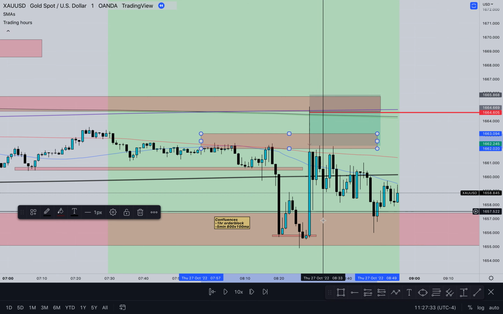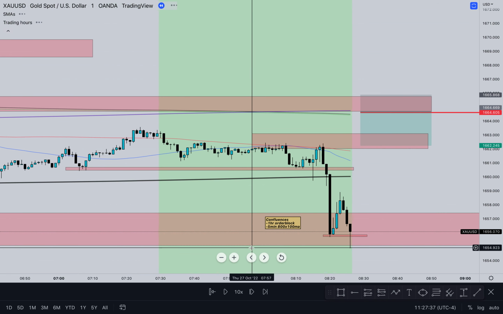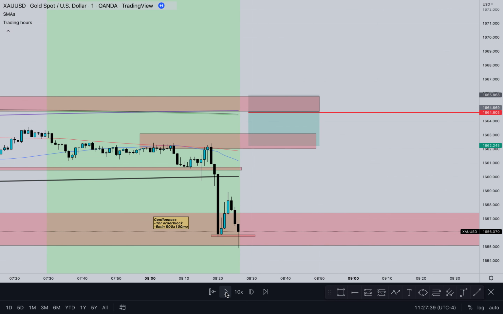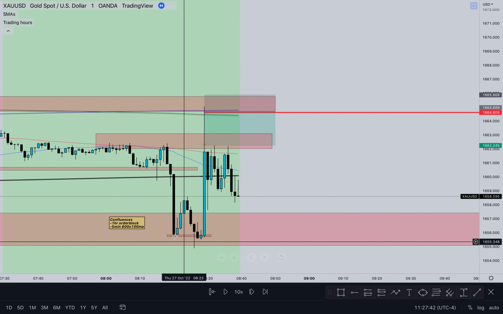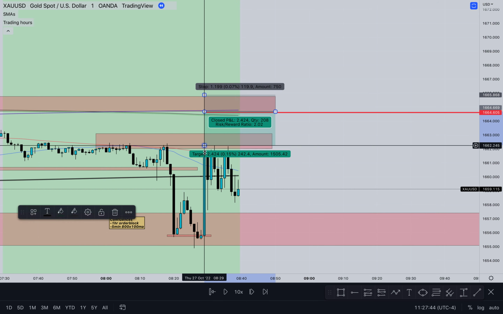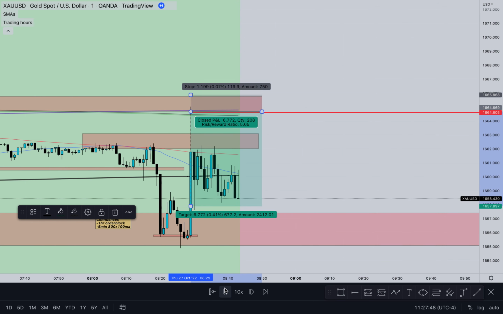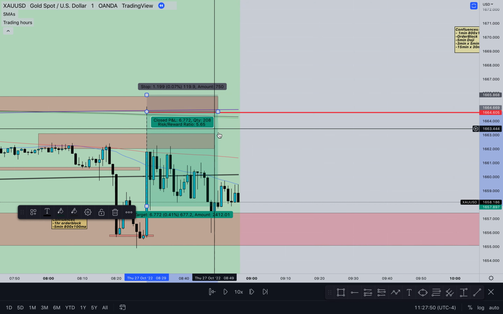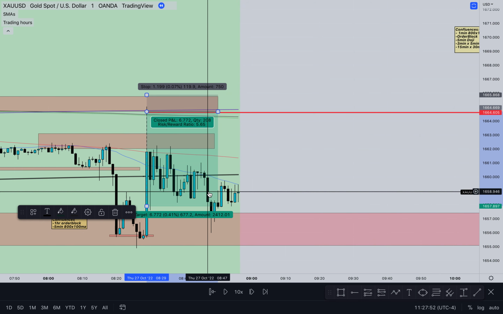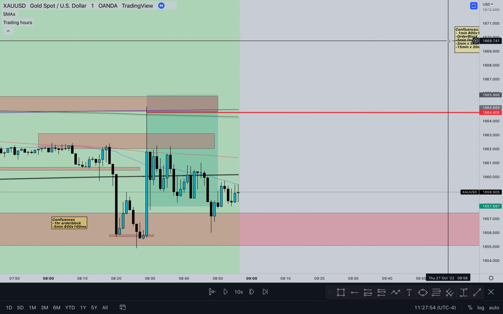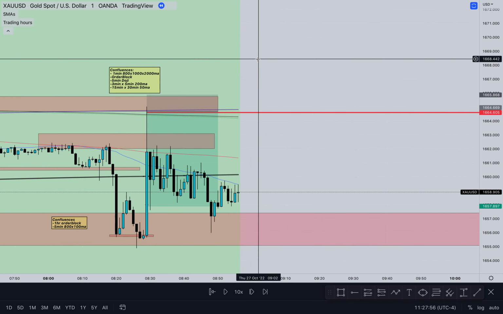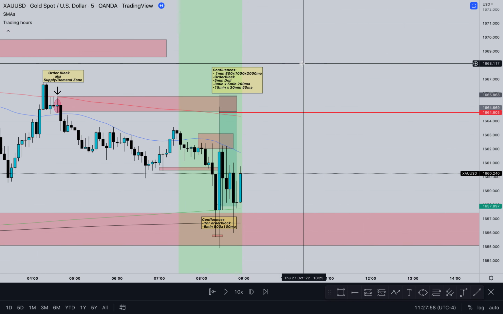Boom. Okay, I got my limit set, guys. Oh, TP8. Wow. You can go crazier if you want. I don't know why I'm losing my energy, but that's basically the trade right there.